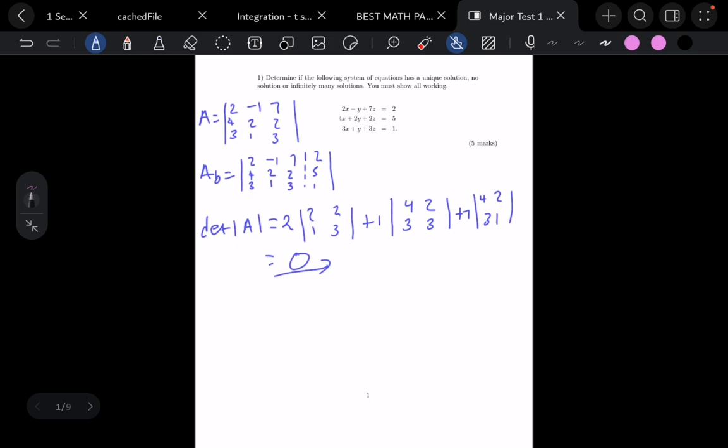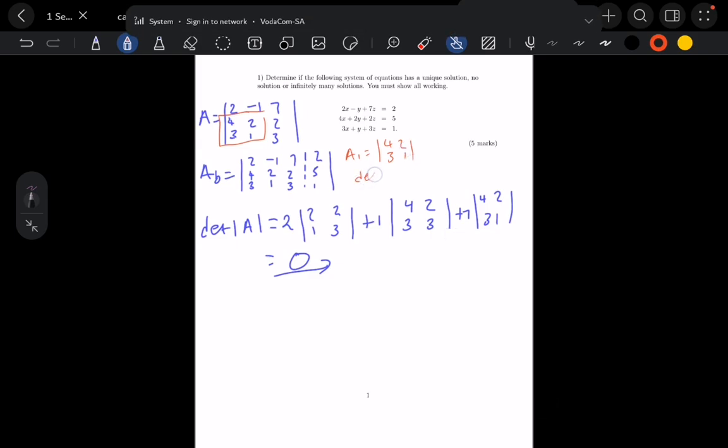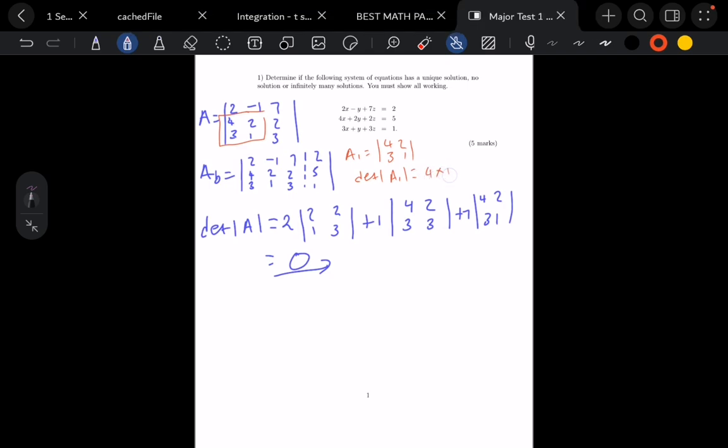Right. Since the determinant is 0, we need to find another submatrix in A that will give us a determinant. I will choose that one. Now, if I choose that one, I'm going to call it A1, which is 4, 3, 2, 1. So the determinant of A1 is 4 times 1 minus 6, which is negative 2, right?